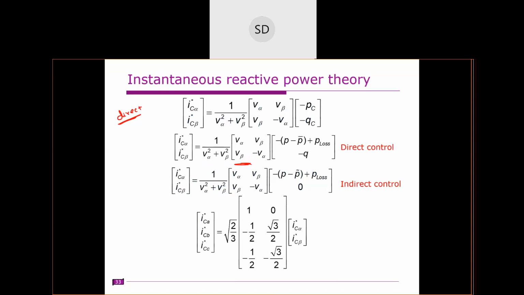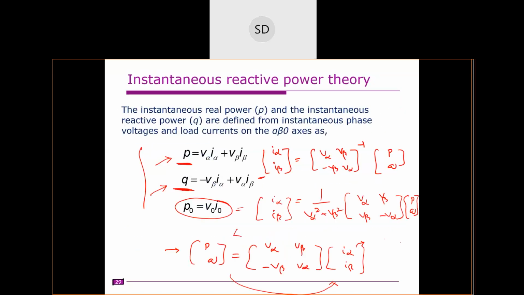Clear? Yes. So this is the one. So you will get the powers, so that is I alpha, I beta. Okay. So our next step is to calculate the DSTATCOM currents in the alpha beta reference frame. Later we will convert this into the ABC reference frame.